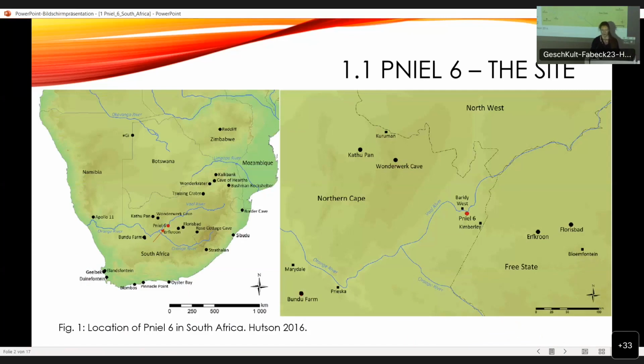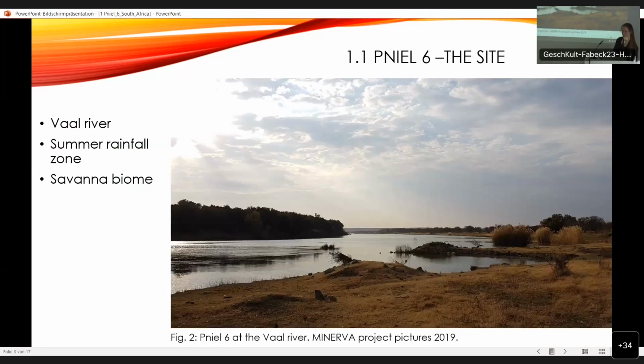Okay, so first let me introduce our site, marked with a red arrow. We are in South Africa in the Northern Cape, and the site Pniel 6 is close to the Vaal River, which you can see here, very beautiful.